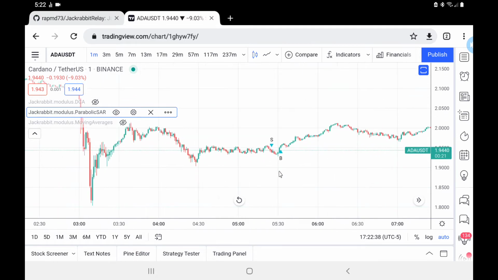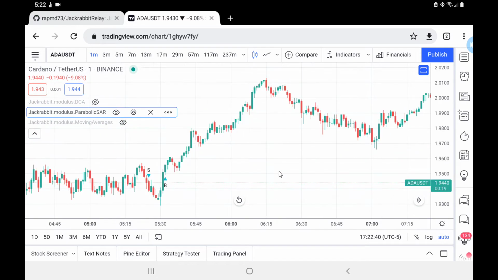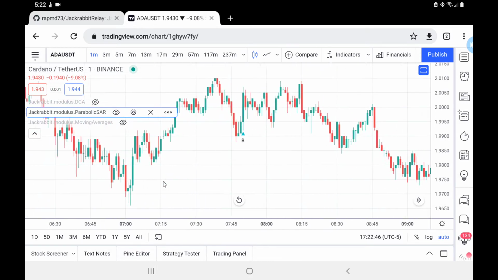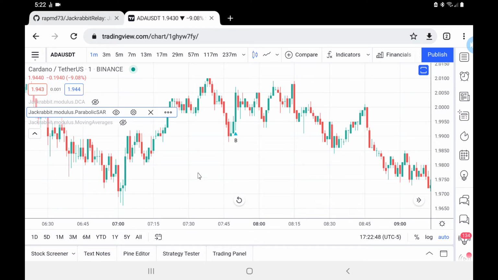But if you zoom in, you can kind of see where the trigger points take place. The ideal here is not to catch every single peak and valley, but to catch a very limited and very specific range.